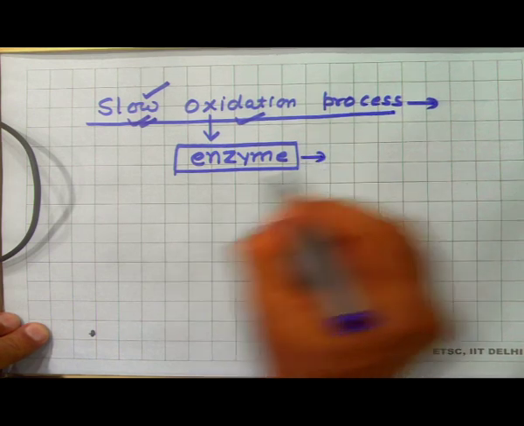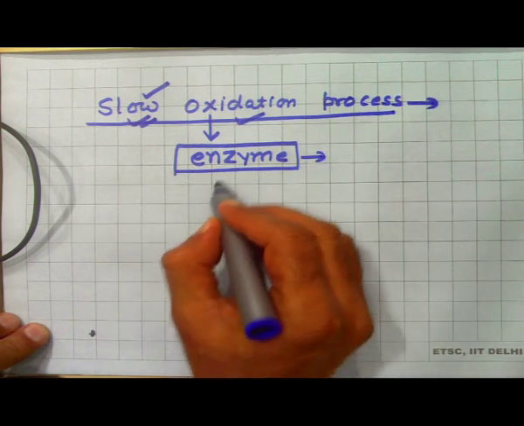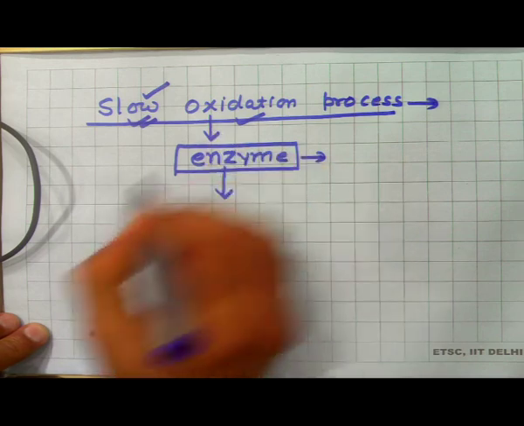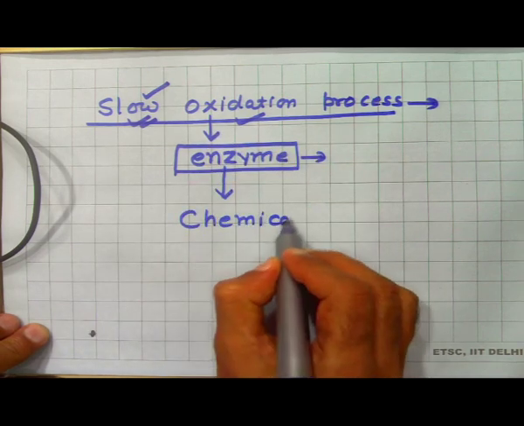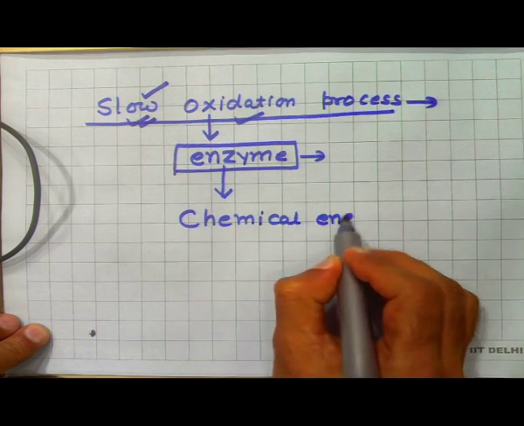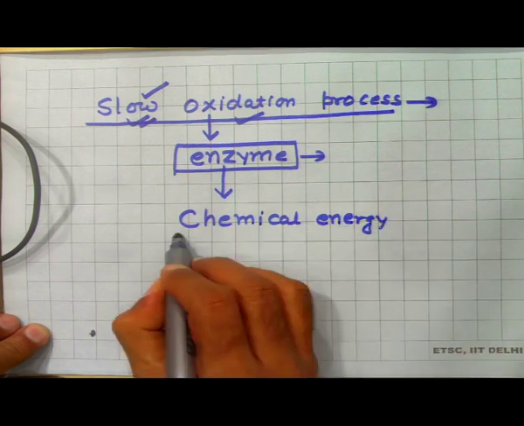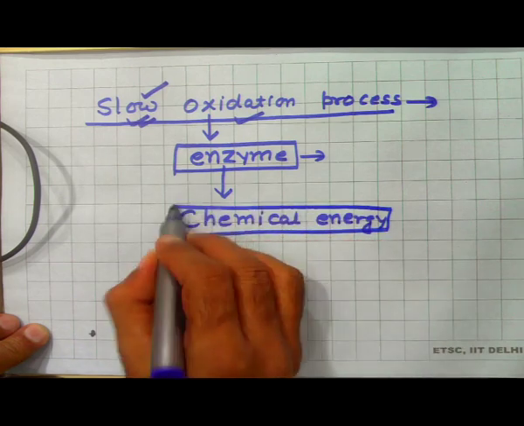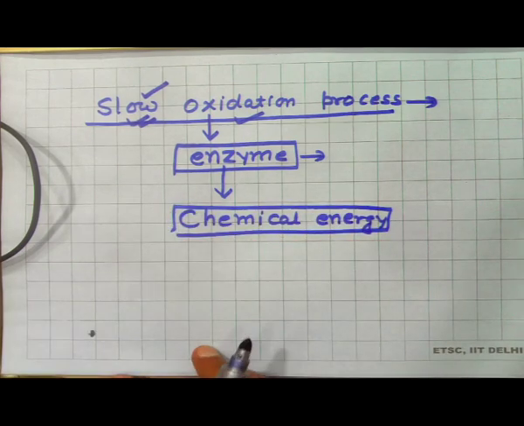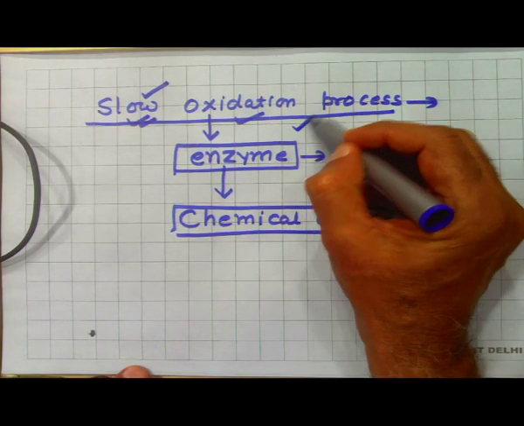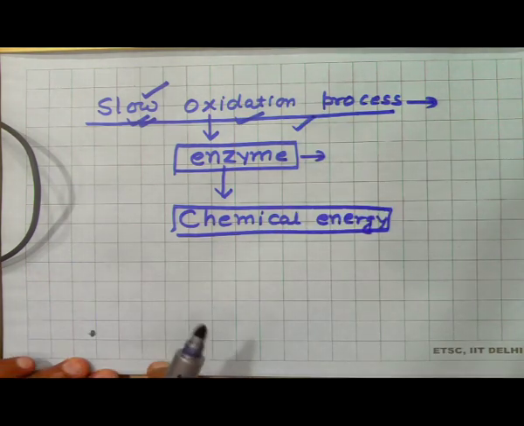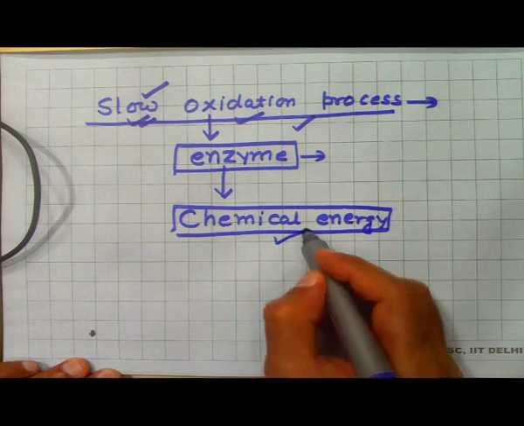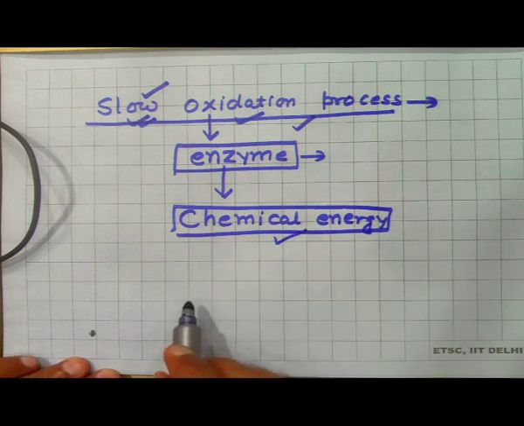It is a completely enzymatic process leading to the production of chemical energy. So, in this way we can summarize: respiration is the slow oxidation of organic food material controlled through the enzyme, leading to the production of chemical energy, and is called cellular respiration.